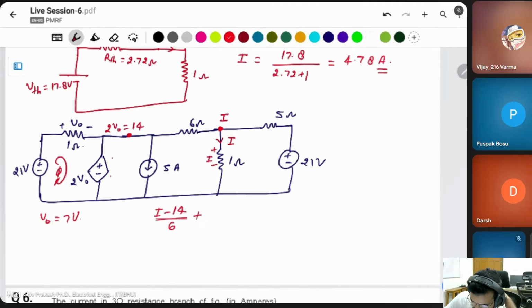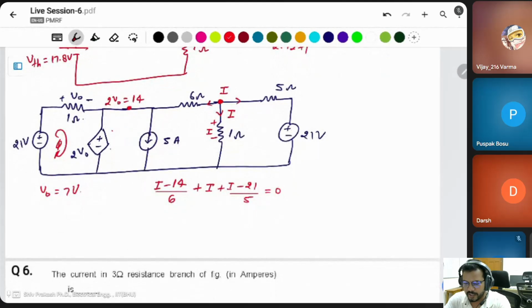Then add that 1 ohm resistor. You have to find the current I. What is I? I is equal to voltage V by R. Voltage is 17.8 divided by the total resistance, 2.72 plus 1, which is 3.72. That gives 4.78 ampere.